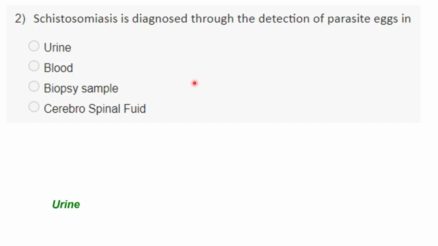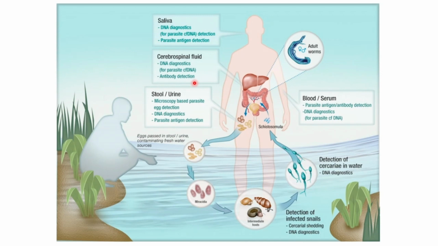And a more comprehensive approach, including potable water, adequate sanitation, and snail control, would also reduce transmission. So, what is schistosomiasis actually? It is basically an acute and chronic disease caused by blood flukes, which are the trematode worms of the genus Schistosoma.